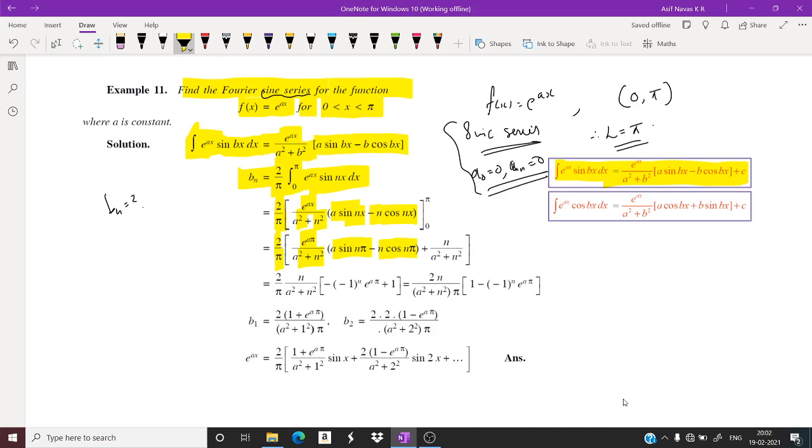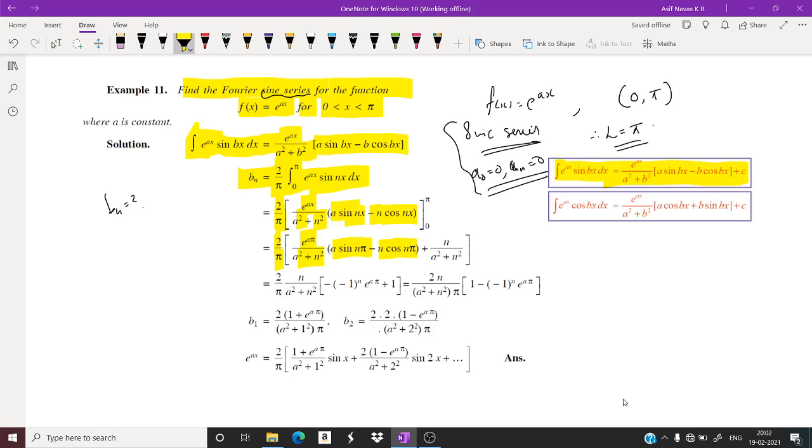If I put the limit 0, you will get 1 by a square plus n square into a sin 0, which is 0, minus n cos 0, which is 1.